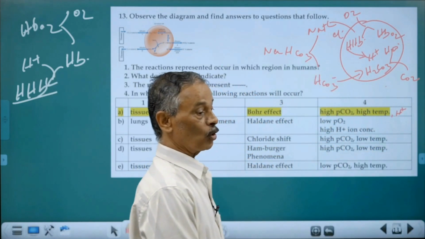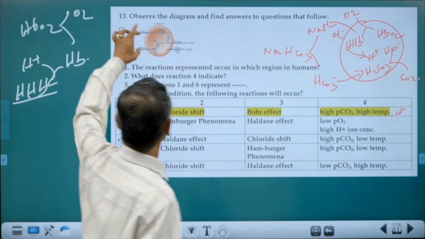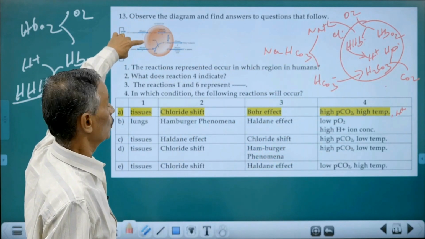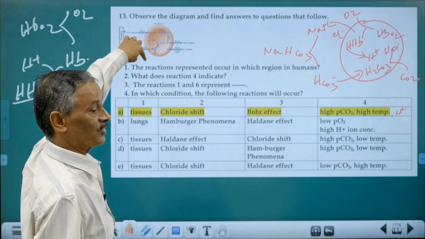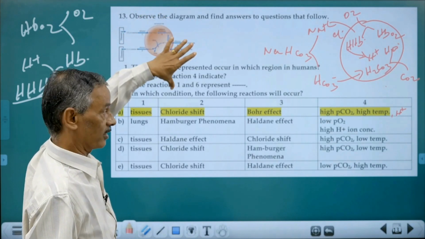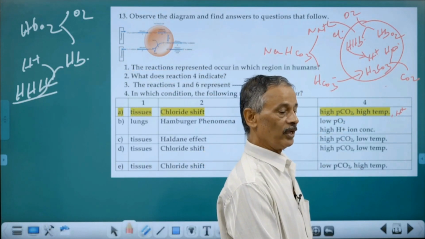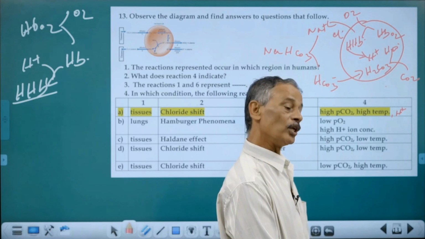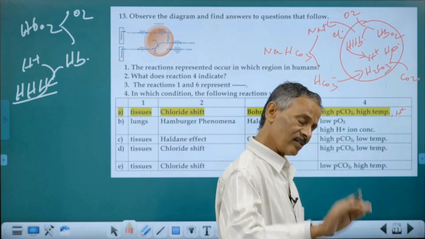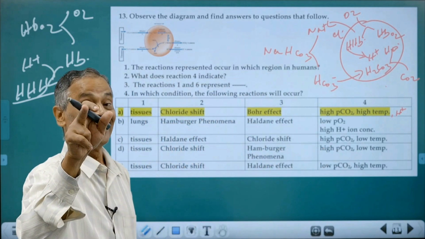Because in tissues, hemoglobinic acid, HHb, is more acidic. In alveoli, HHb is converted to HbO2, which is also acidic but less acidic. That's why there is a change in pH.